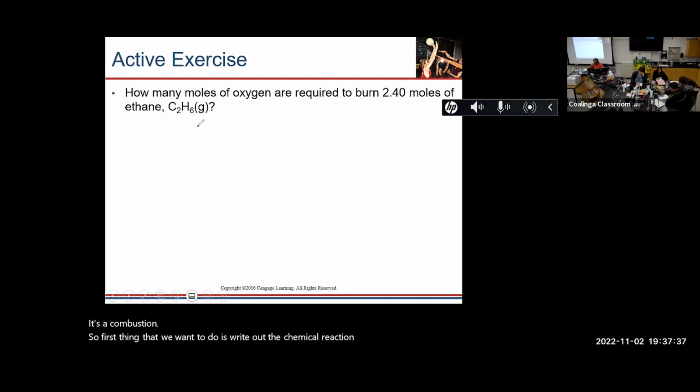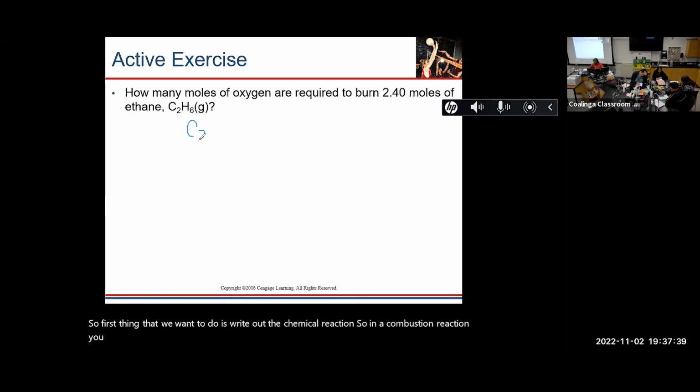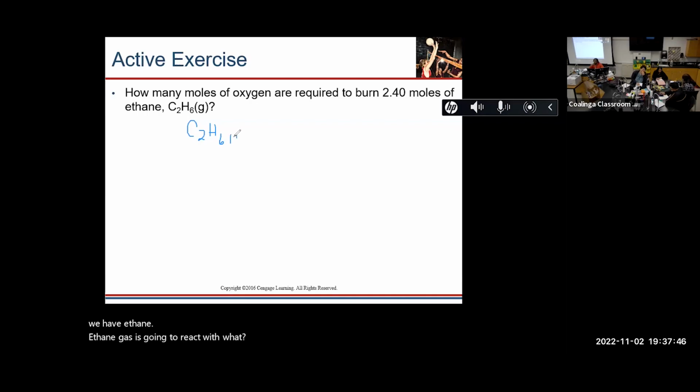In a combustion reaction, we have ethane gas reacting with what? Oxygen. And then that's going to make, what's the product of combustion reactions? Carbon dioxide and water.